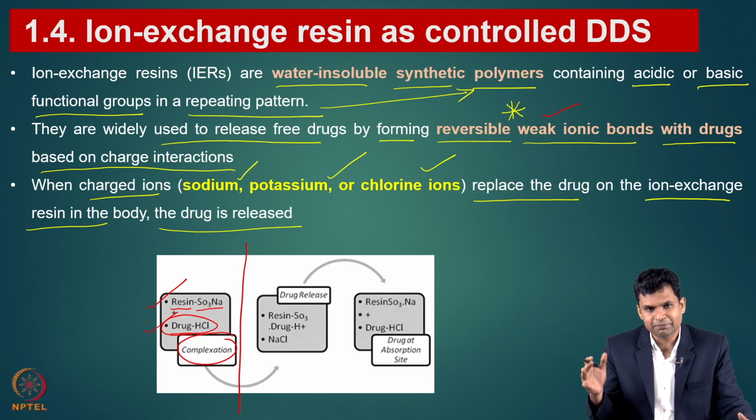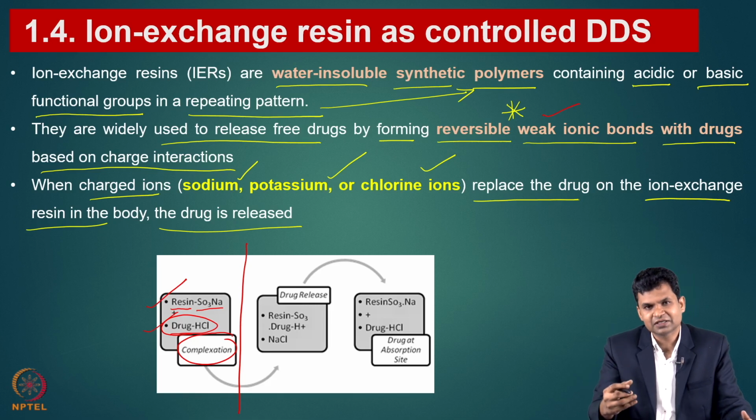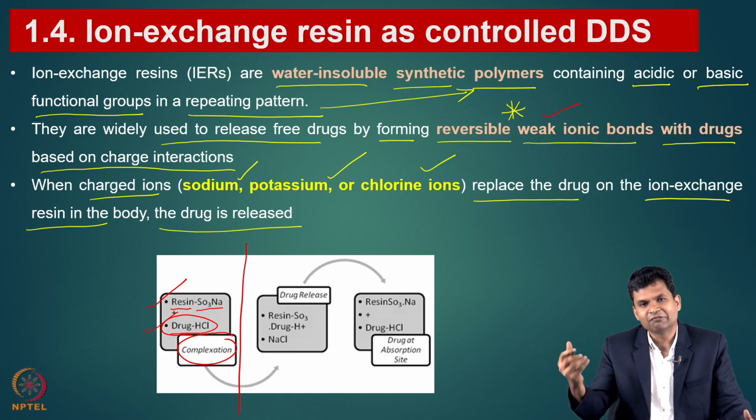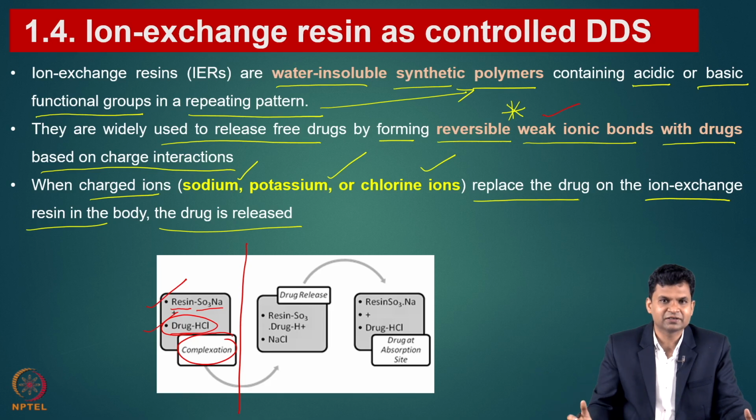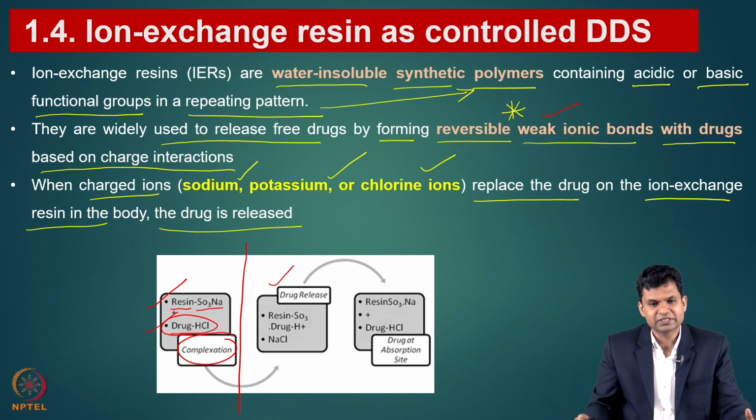Once that is established and we do various evaluation studies, yes, the drug needs to be complexed and further released from the carrier, that is nothing but the ion exchange resin. So, we do some in vitro studies where your drug needs to be released from your material.